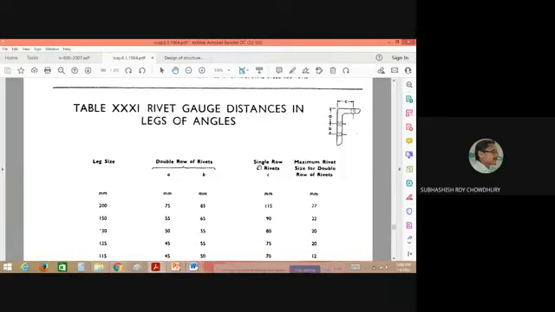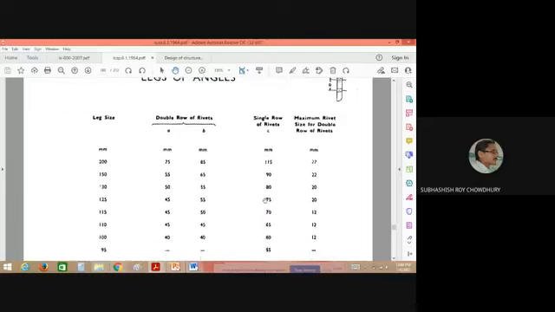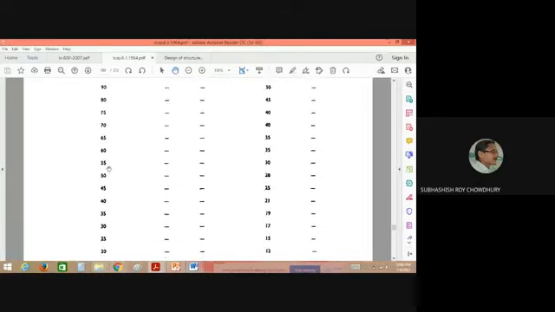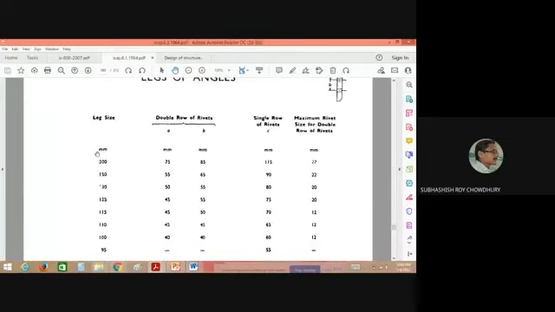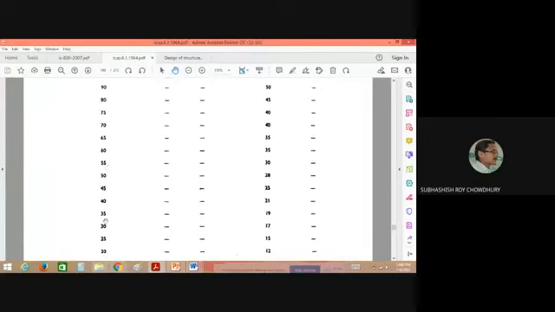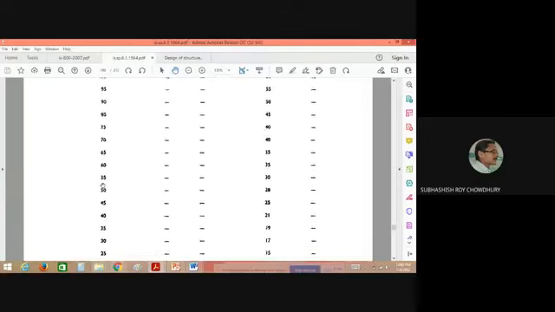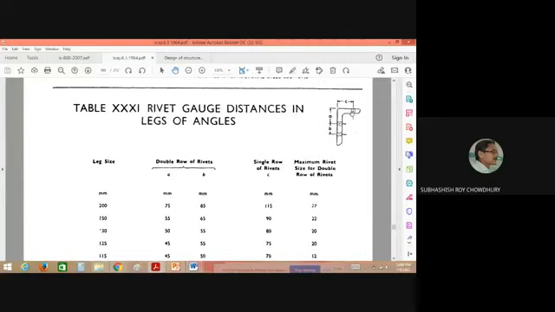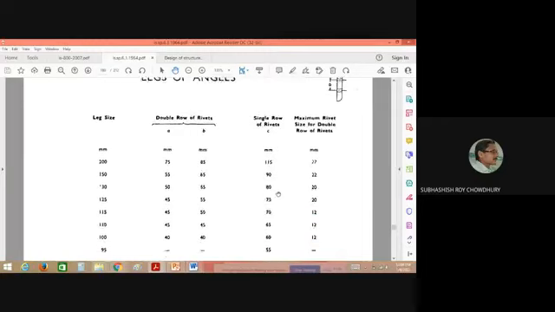The distance is C. C distance is for a single row of rivets that are given here for different leg sizes of the angles. Leg size starts from 20 and ends at 200. For each leg size, that means ISA 200 something is there, ISA 20 something is there. So for those sections, what should be the position of the rivet or bolt? That is fixed by the IS code here.